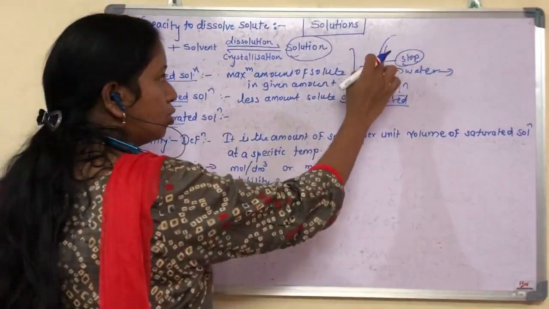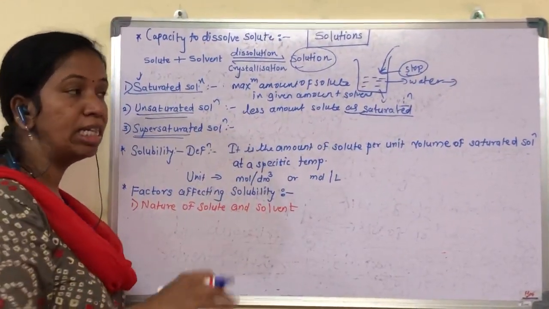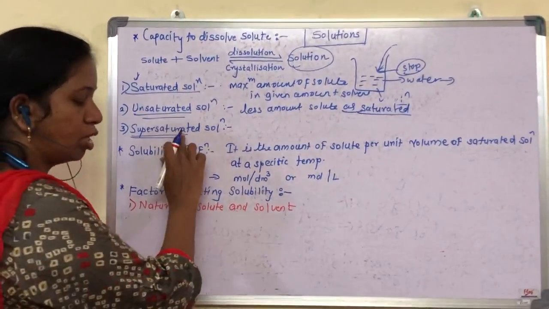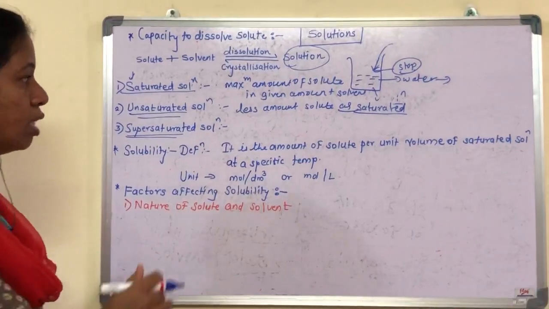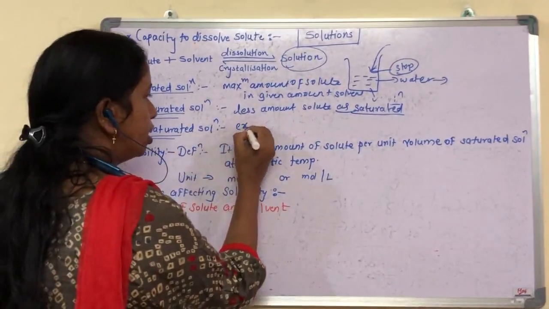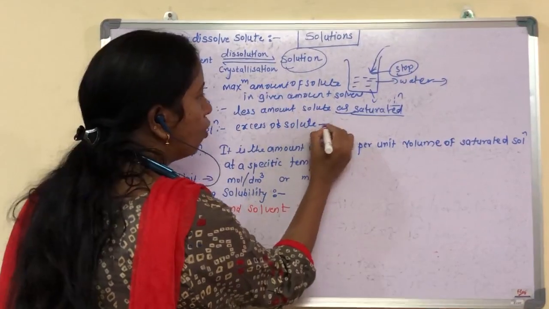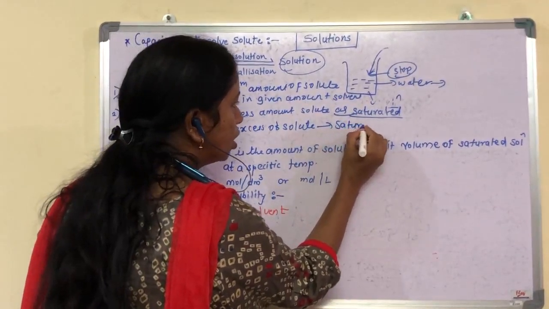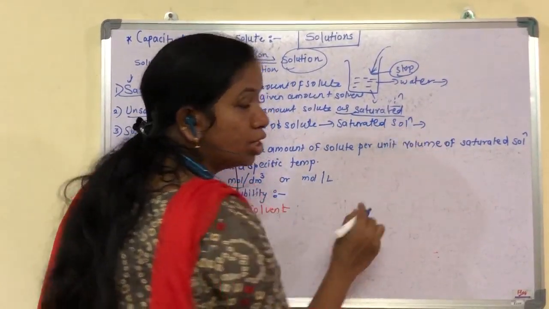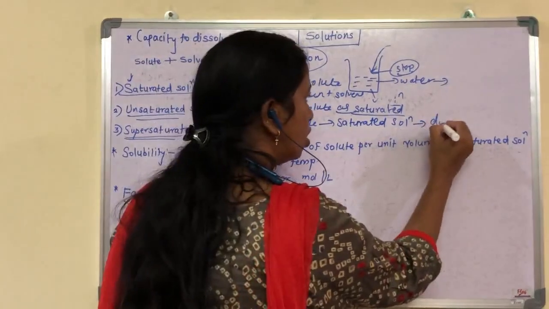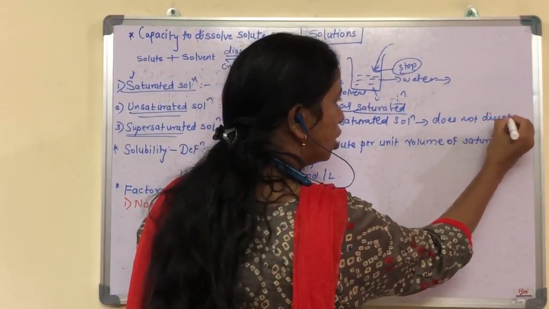Whatever saturated solution is formed, if we add an excess amount of solute, it does not dissolve. So a supersaturated solution is nothing but one containing excess of solute than required for the saturated solution, which does not dissolve.